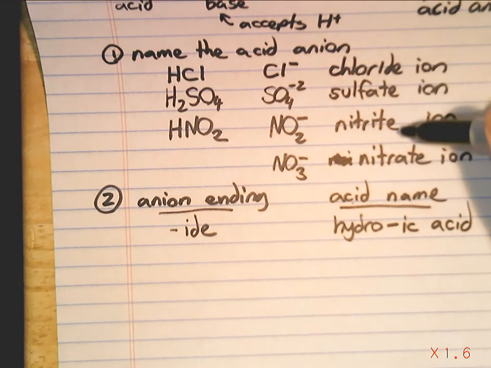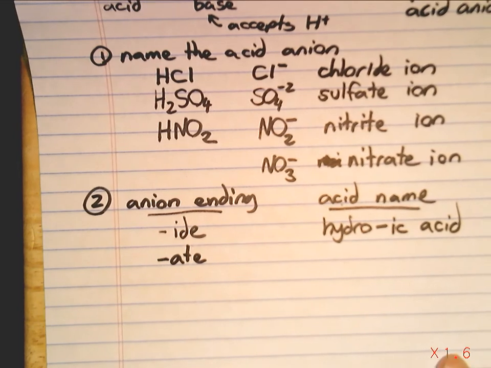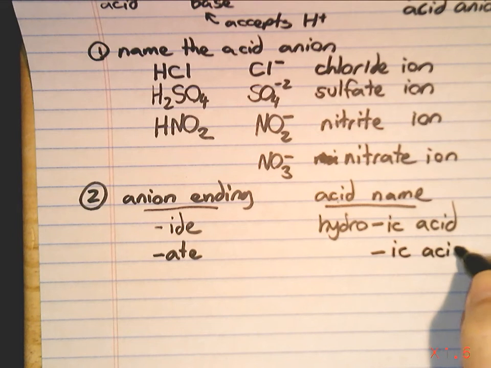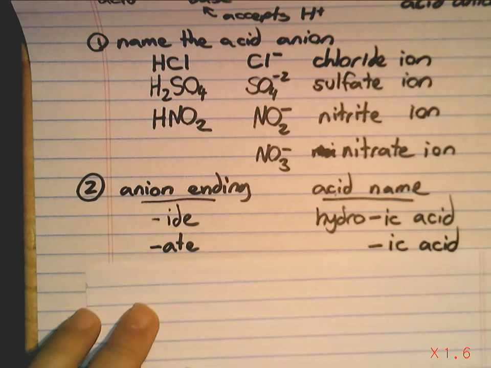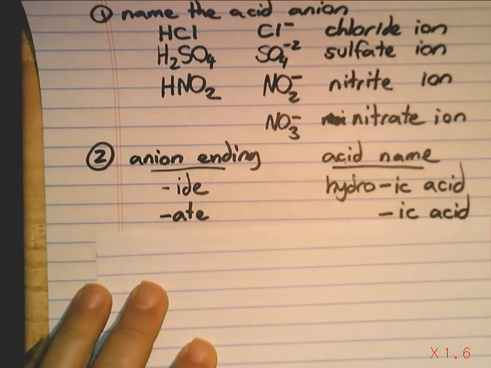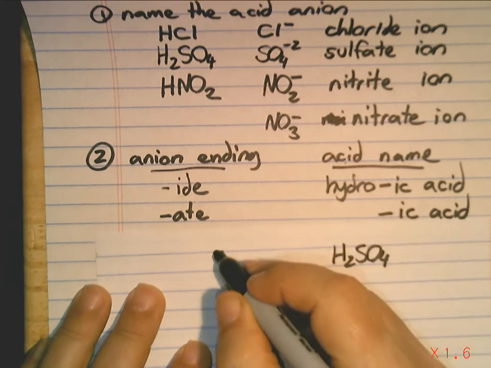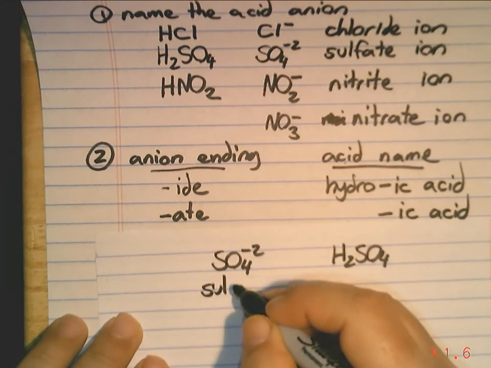Now, not all of these have IDE endings. What happens if you have an ATE ending? If you have an ATE ending, you don't put the hydro on, you just put the ic acid on the end. So, if I want to do that second acid up there, H2SO4, the ion inside that is SO4 minus 2, and we said that's called a sulfate.